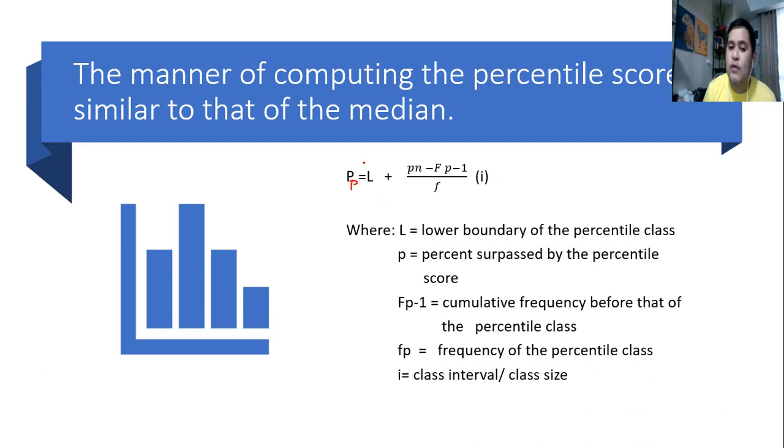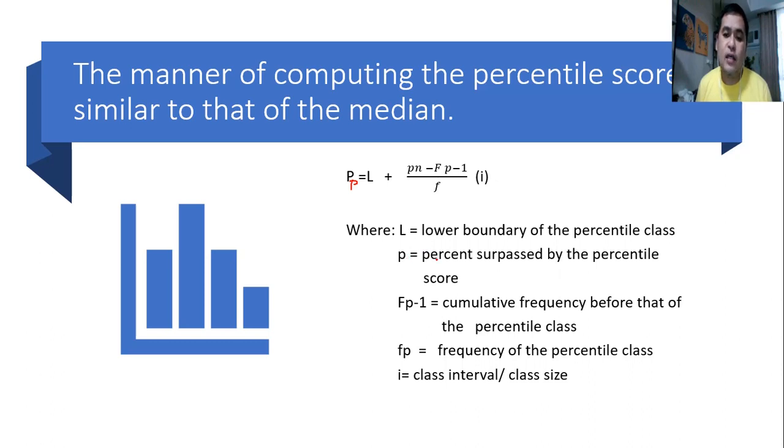So we can solve percentile by using the formula L plus (P times N minus F sub P minus 1) divided by F, times I. And what are the representations of this? L stands for the lower boundary of the percentile class, and usually we subtract 0.5 to find the L, or the lower boundary.